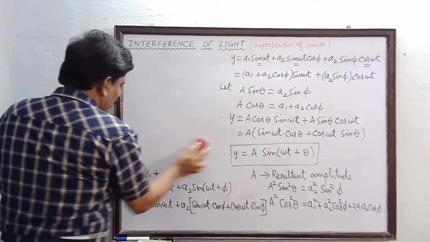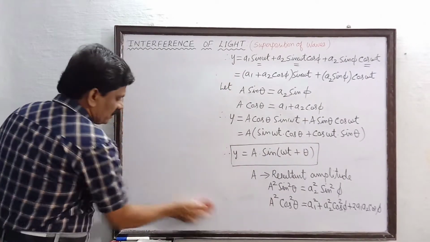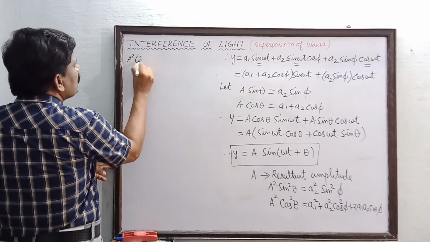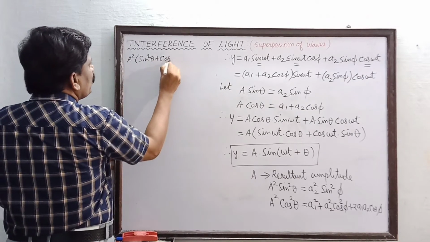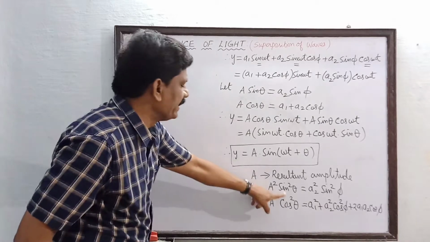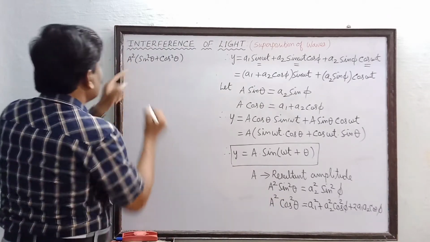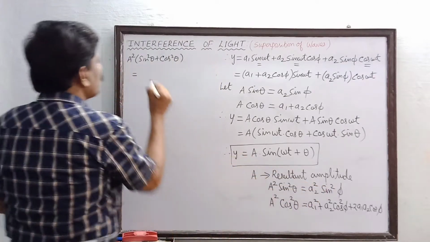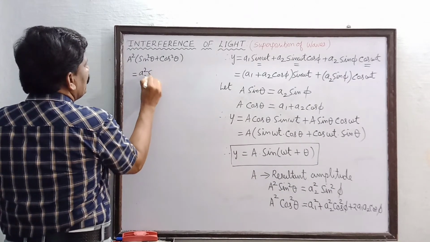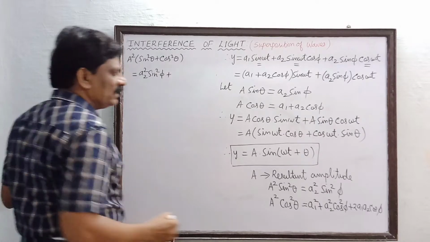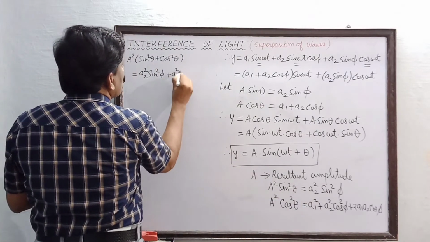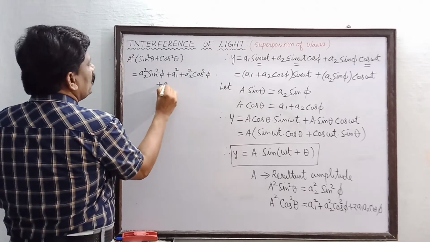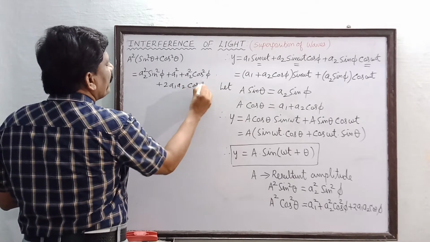So on the left hand side, A square sin square theta plus A square cos square theta is equal to A2 square sin square phi plus A1 square plus A2 square cos square phi plus 2 A1 A2 cos phi.